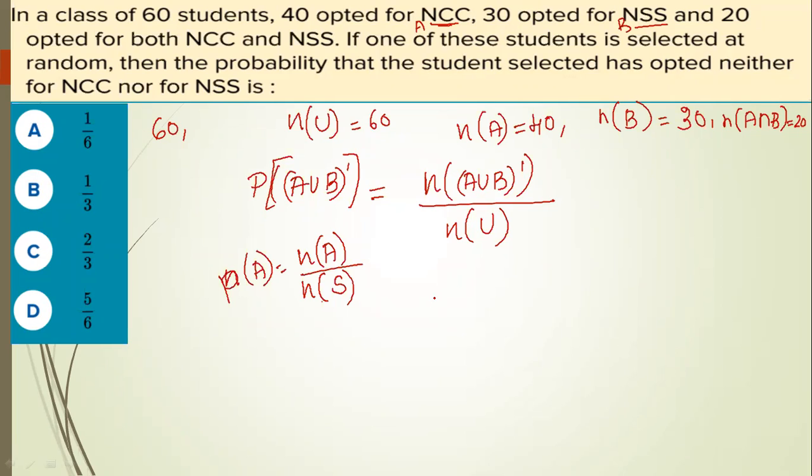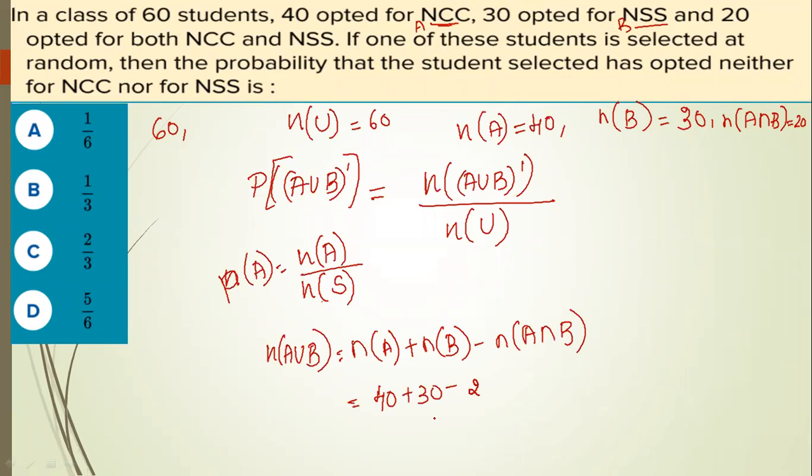This is a question which had appeared in the exam also. How to find the neither, can anyone tell me? First you have to find A union B. Good, Elvina. Vinay has given me the answer: n of A union B is n of A plus n of B minus n of A intersection B, which is 40 plus 30 minus 20, so it is 70 minus 20, which is 50.